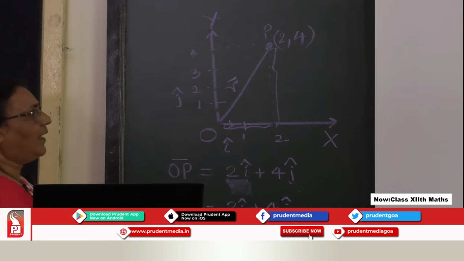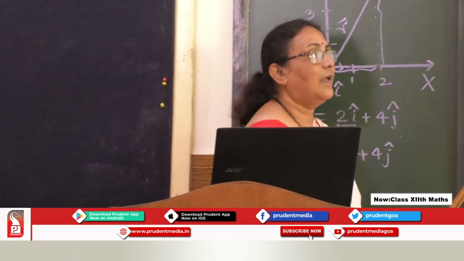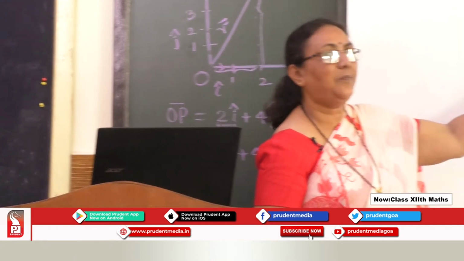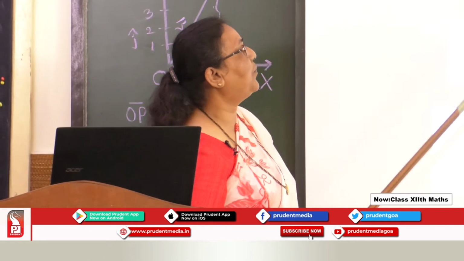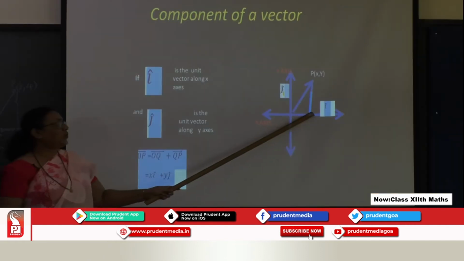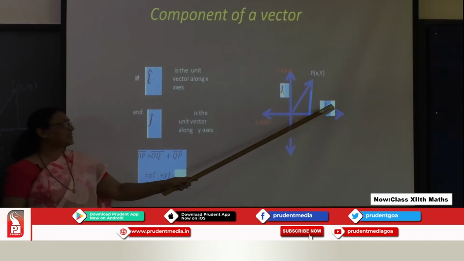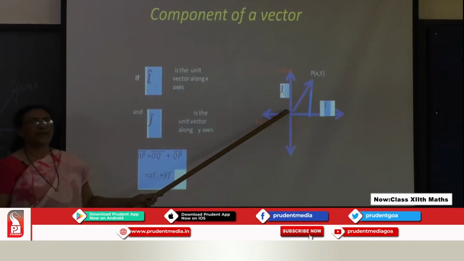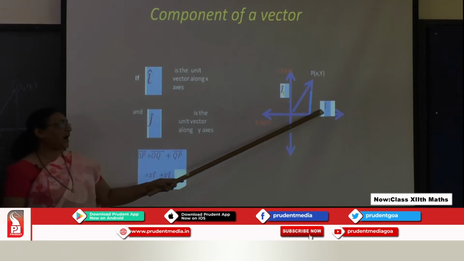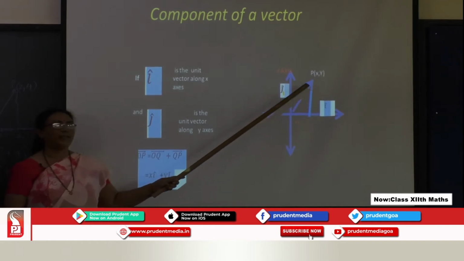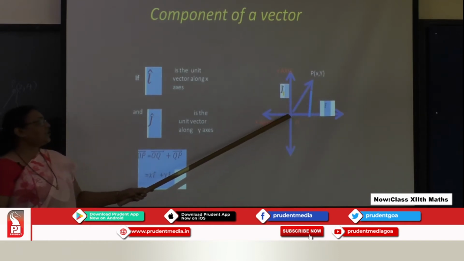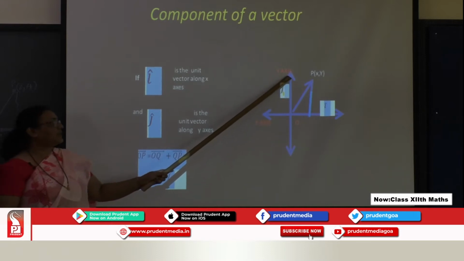This I had taken as an example. See, the component of a vector I am taking in 2 dimensions. Let I be a unit vector along x axis. This unit vector is always denoted by I cap, with a cap on top, and j is a unit vector along y axis.